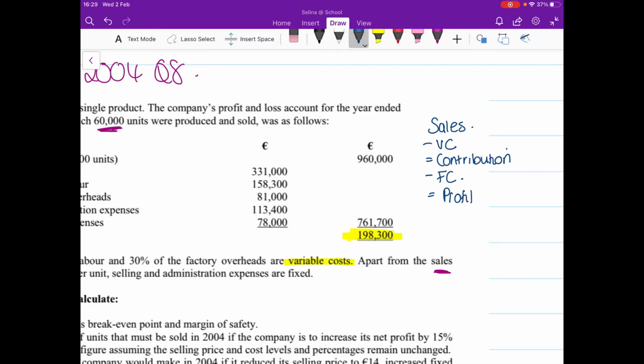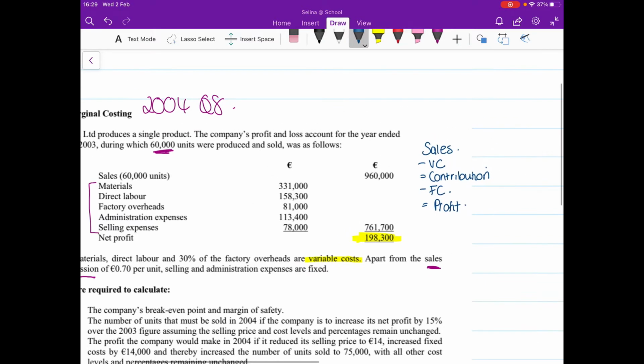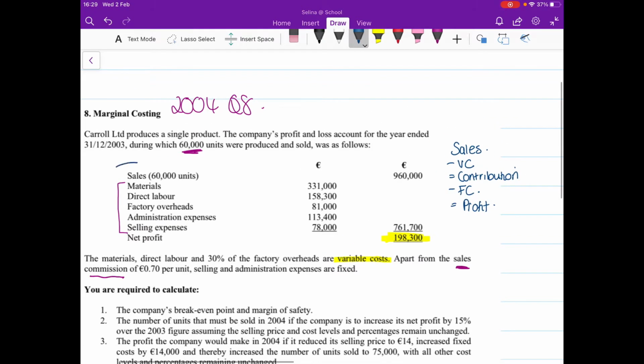So we're going to rearrange all of this information into that format. Your sales first, then we bunch all of our variable costs together, take that away from sales to get our contribution, then we bunch all of our fixed costs together and take that away from the contribution to find our profit.